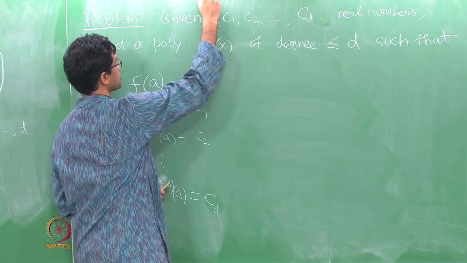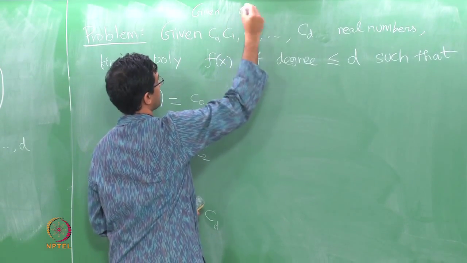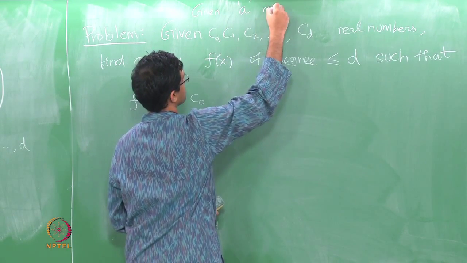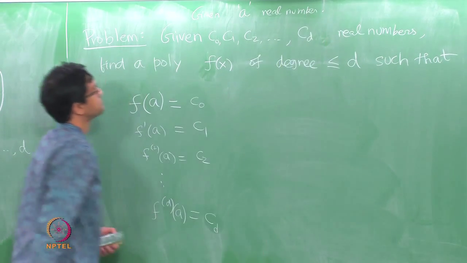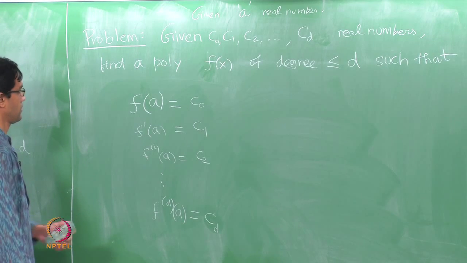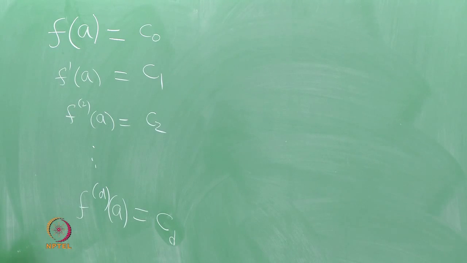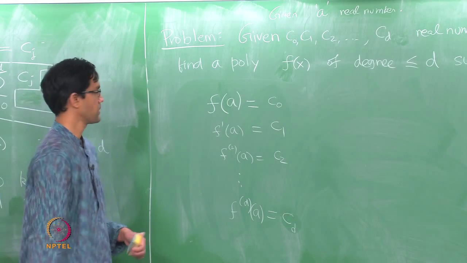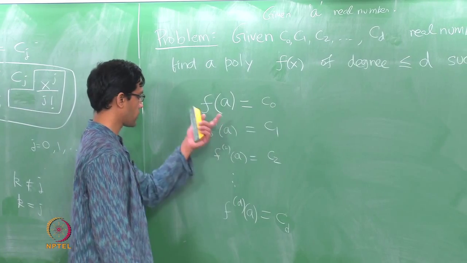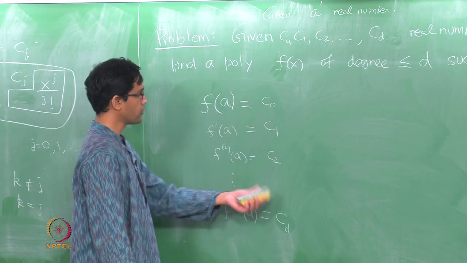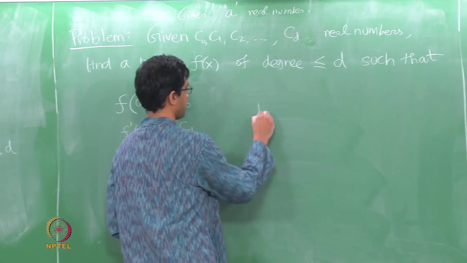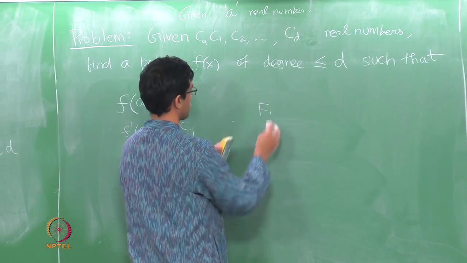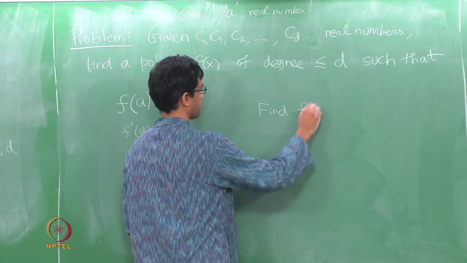So instead of plugging in x equal to 0, what you are doing is plugging in x equal to a everywhere. Given all the higher order derivatives at the point a, how do you reconstruct the function f itself? So the problem now is to find the polynomial f.